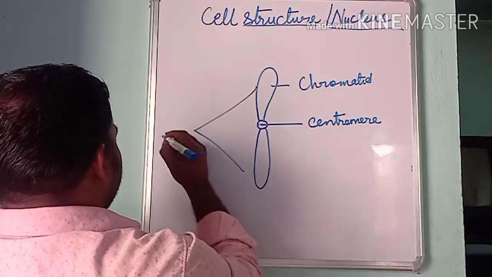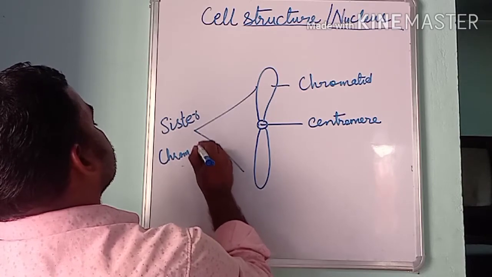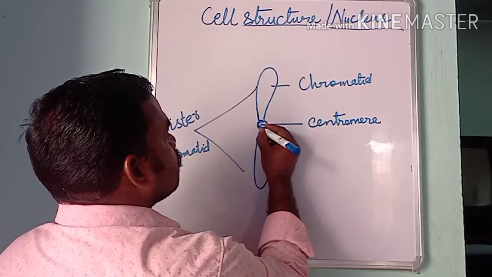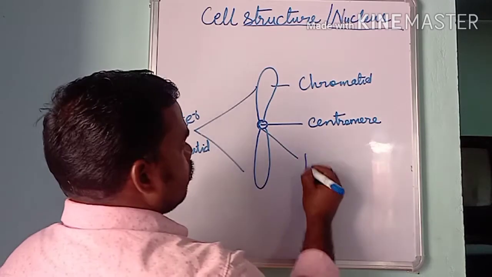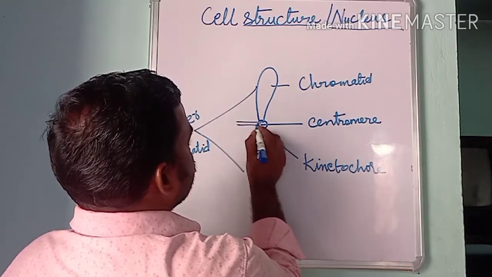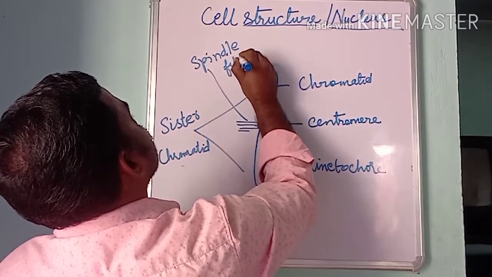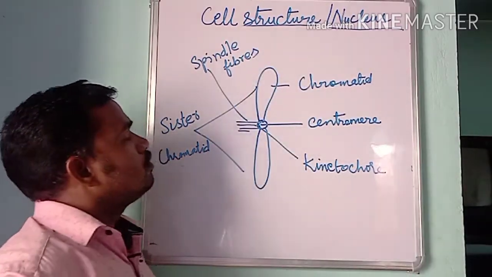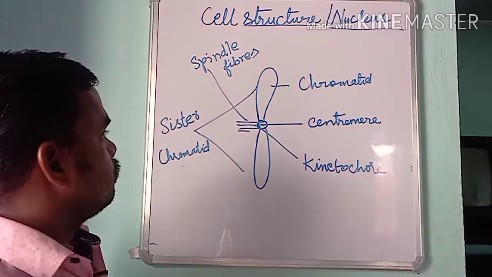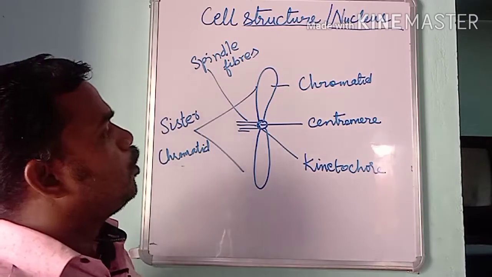These are sister chromatids. Here you will find the kinetochore protein, where the spindle fibers are attached. Clear?